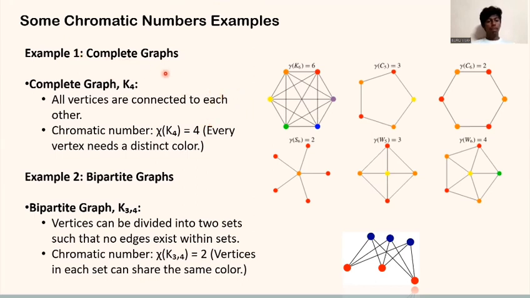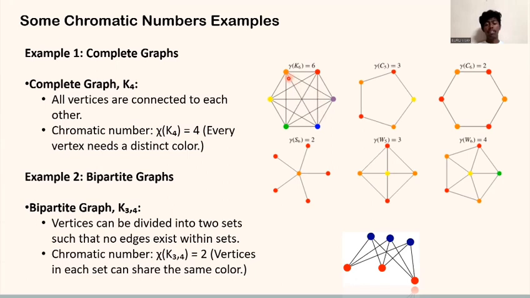Example 1, complete graph. So what does the complete graph mean? In a complete graph, all the vertices are connected to each other. Every vertex has a connection with all other vertices. Here this is the example of a complete graph.